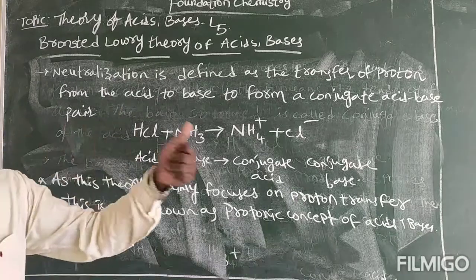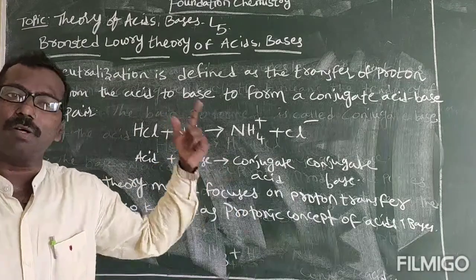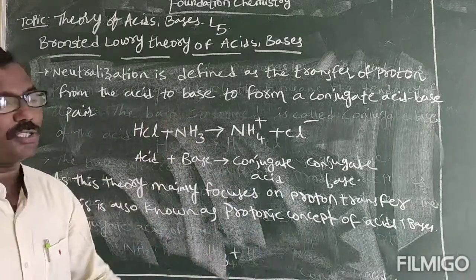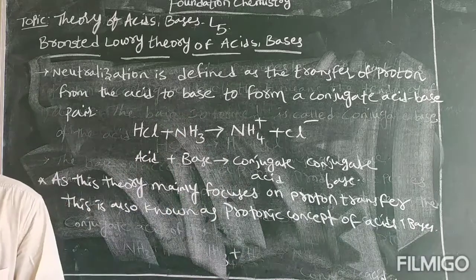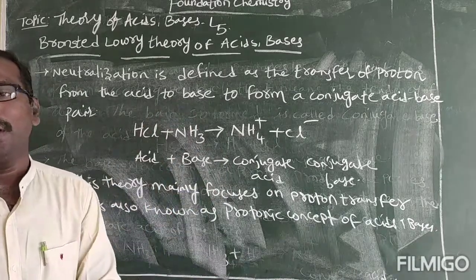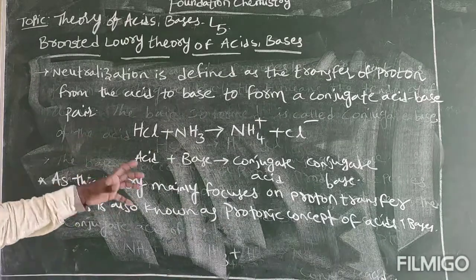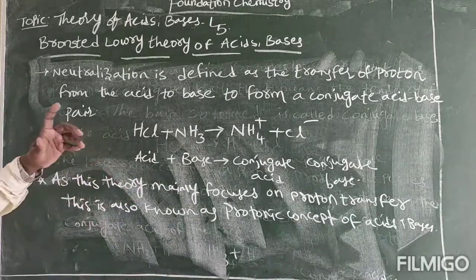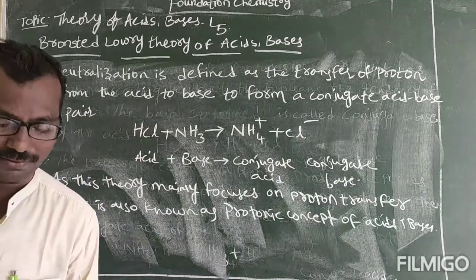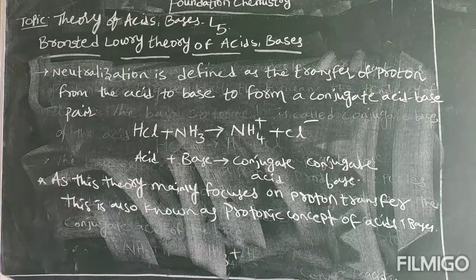In this we had a clear discussion: what is an acid, what is a base, and what is a conjugate acid, and what is a conjugate base, and what is neutralization. Now we will see what are the drawbacks and the limitations of this Bronsted-Lowry theory of acids and bases. Please make a note of these all points.